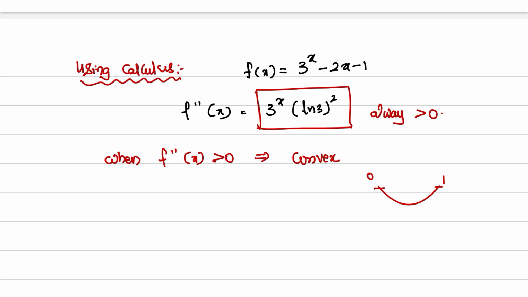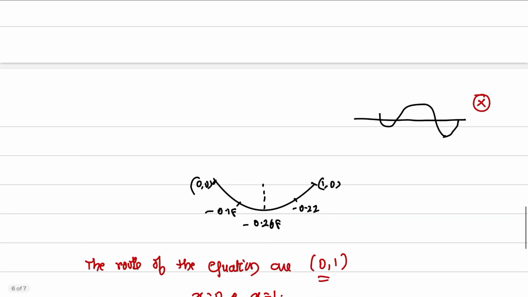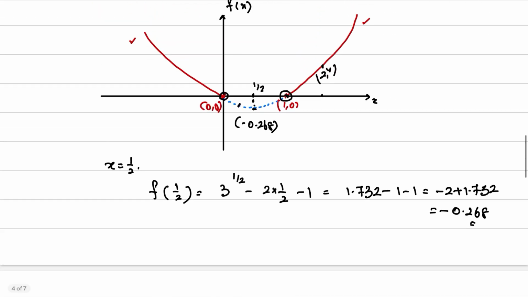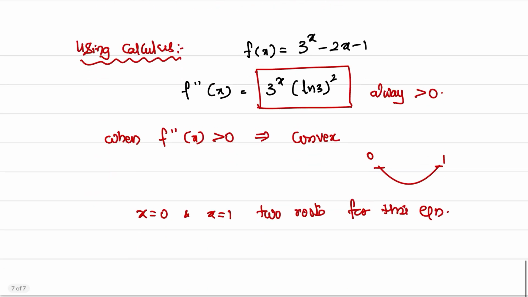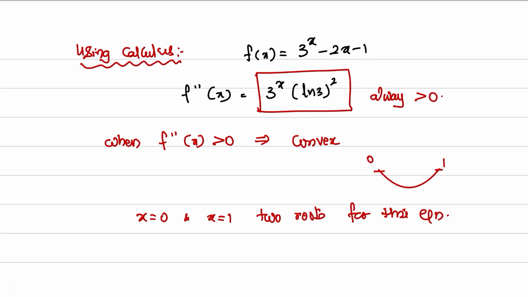Hence, we can say that it has two roots as x is equal to 0 and x is equal to 1. Two roots for this equation. Roots we have found. Then graphically we have seen how to solve this problem. Understood? And at the same time we understood using the second derivative.